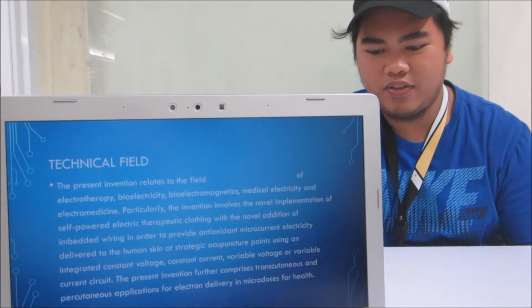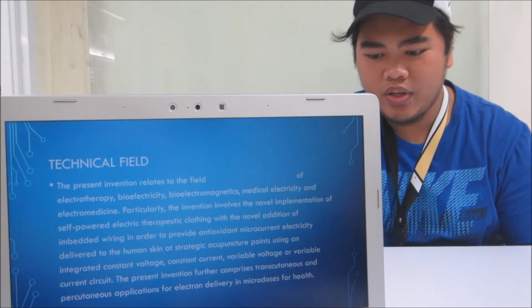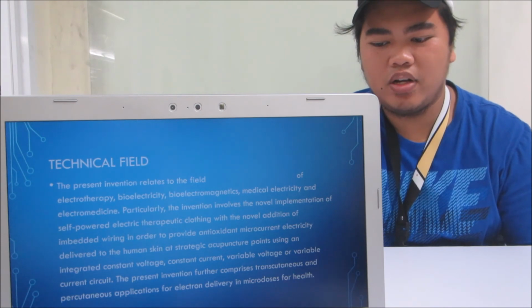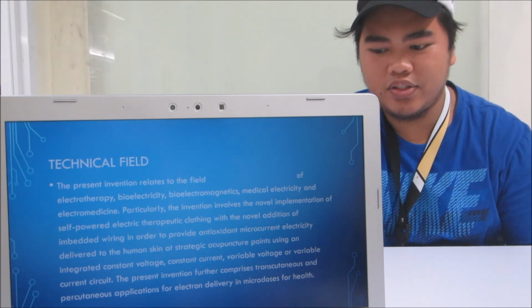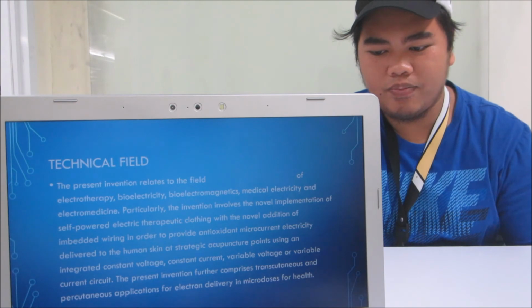Therapeutic electric antioxidant clothing. Technical field. The present invention relates to the field of electrotherapy, bioelectricity, bioelectromagnetics, medical electricity, and electromedicine.